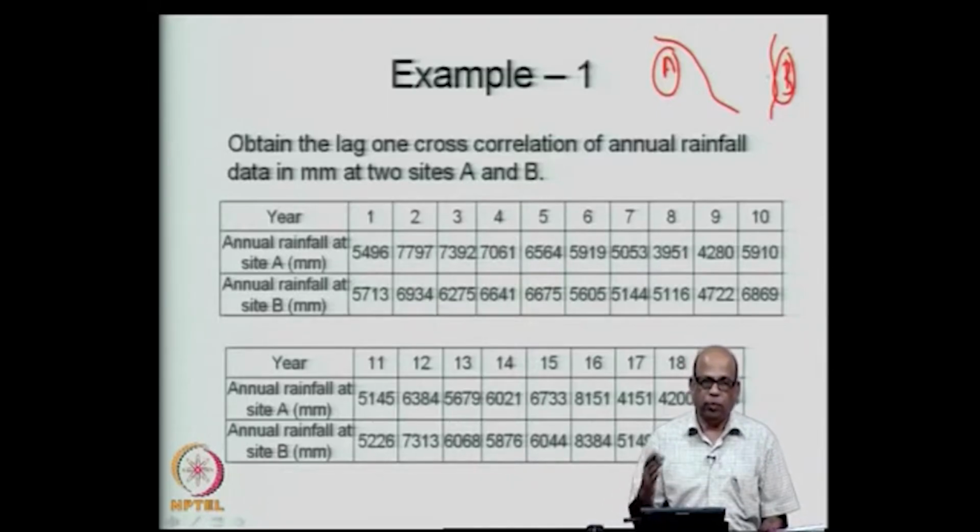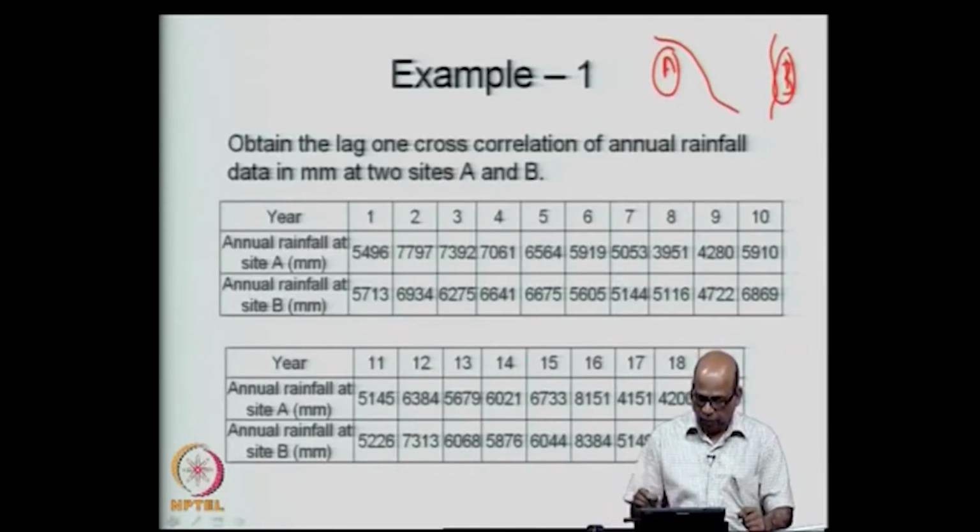Now, these types of problems are also important in applications where we are talking about prediction in ungauged basins. By ungauged, we mean where the data is small or completely absent. You may want to use the data that is available in a nearby stream, build the correlation structure, build the dependence structure, and then use that dependence structure to generate the data at the location where data is negligibly small.